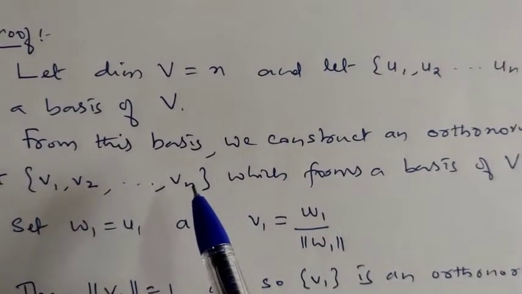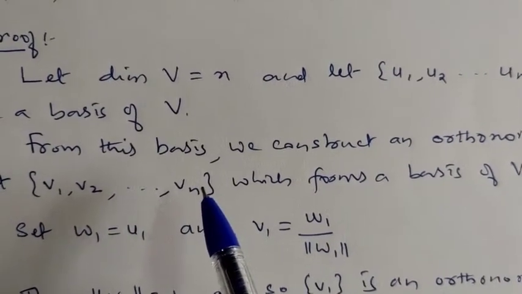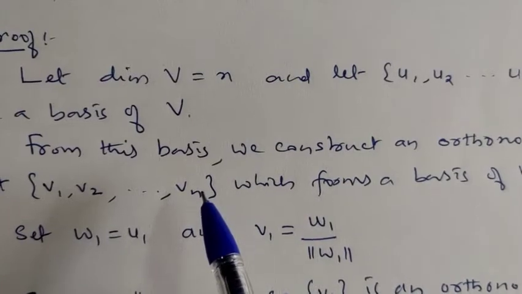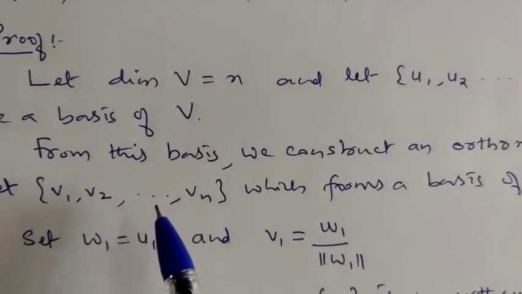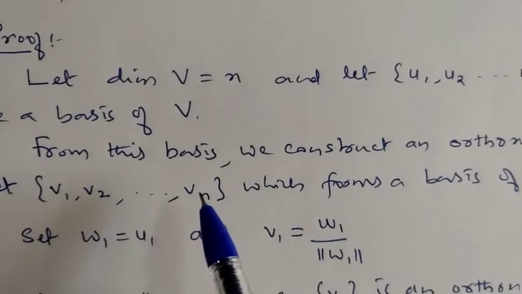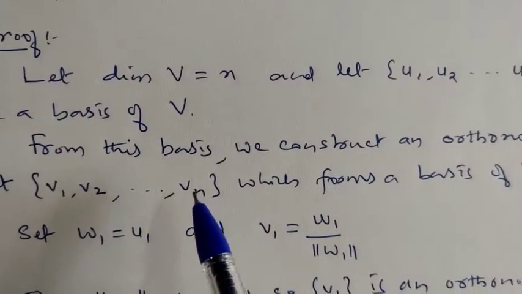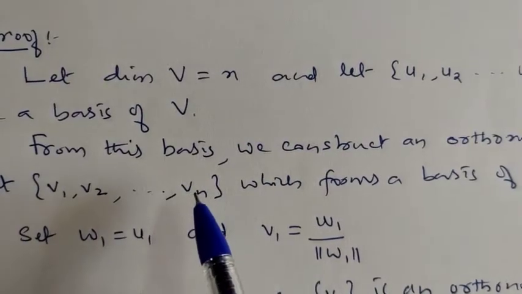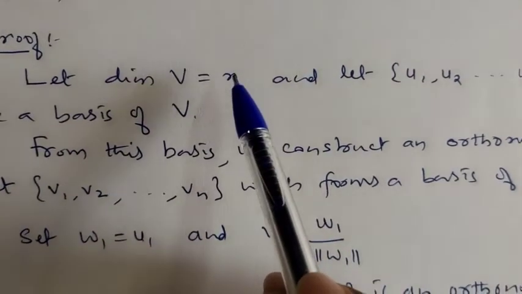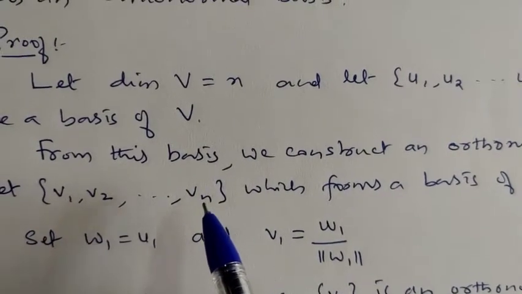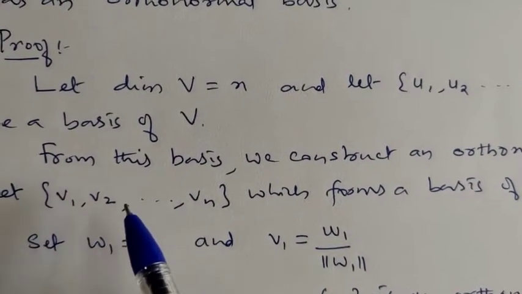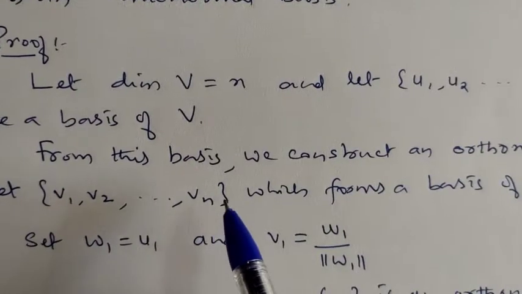Just now we proved in the theorem that orthonormal vectors are linearly independent. Then this set of vectors v1, v2, etc., vn is linearly independent. The number of elements here is n and the dimension of the vector space is n, therefore this set itself forms a basis, an orthonormal basis.